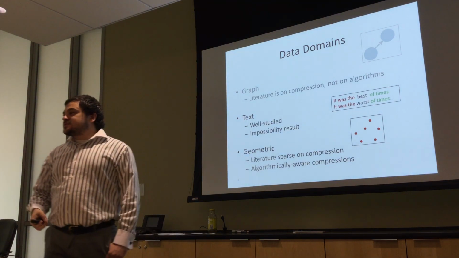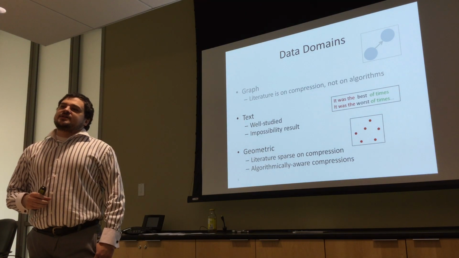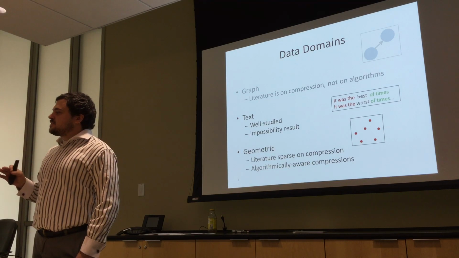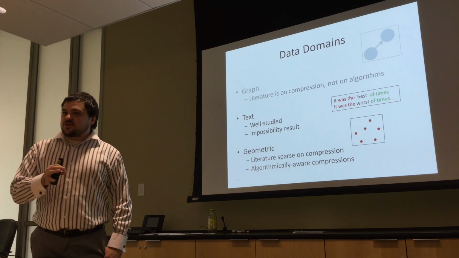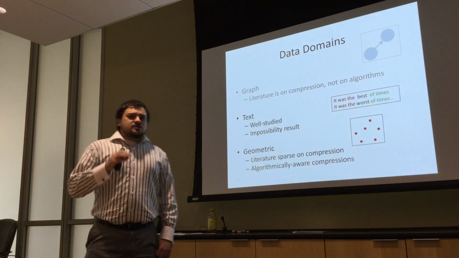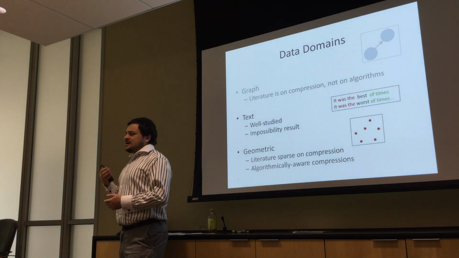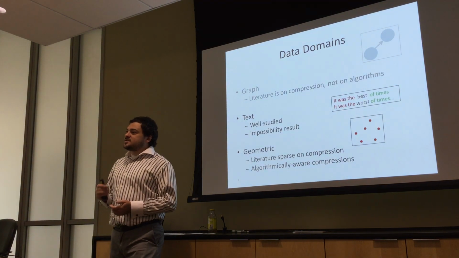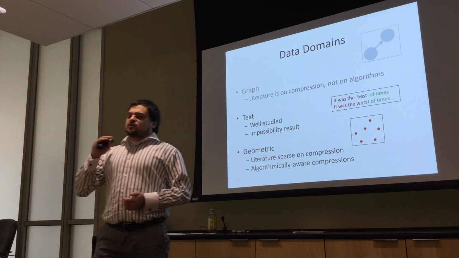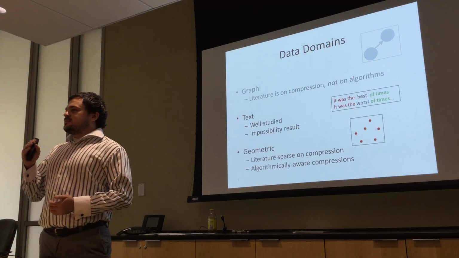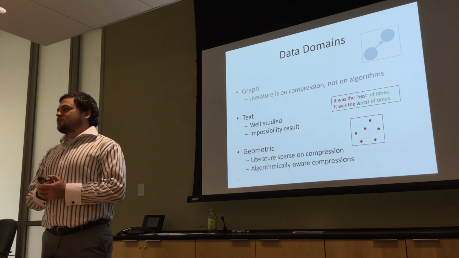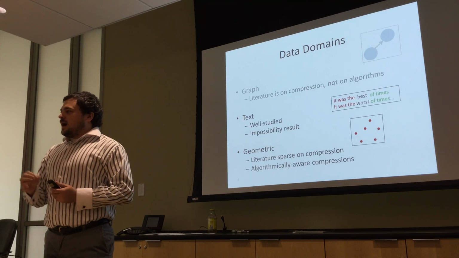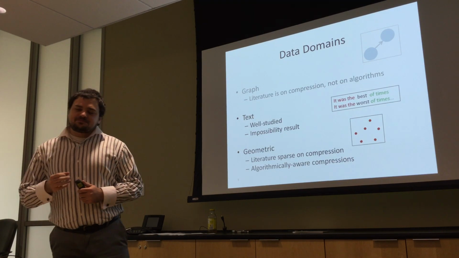The reason I've chosen these 2 data domains to talk about today is to provide an important lesson about compressions and compression-aware algorithms. Today, those who are designing compression schemes are most interested in dramatically reducing the amount of space that's required to represent data. So they're trying to optimize for compression ratio.